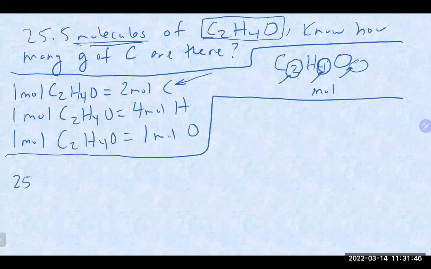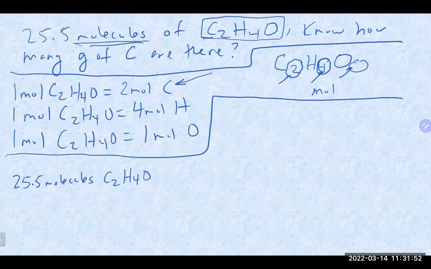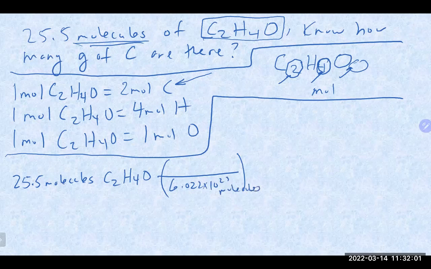We would take 25.5 molecules of the whole thing. We would use Avogadro's number, 6.022 times 10 to the 23 molecules per mole of the entire thing.